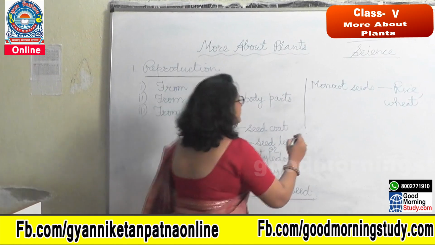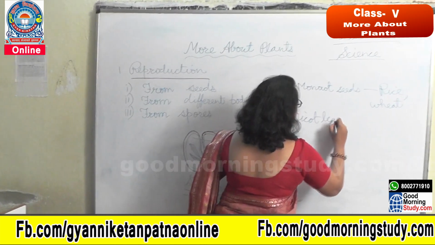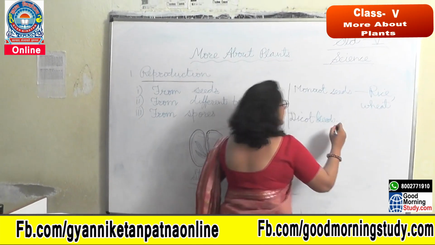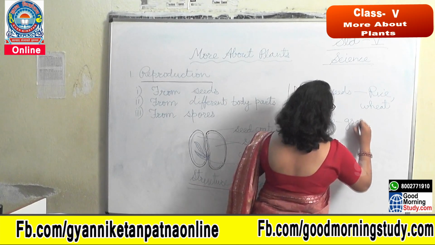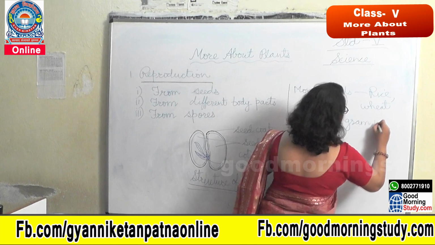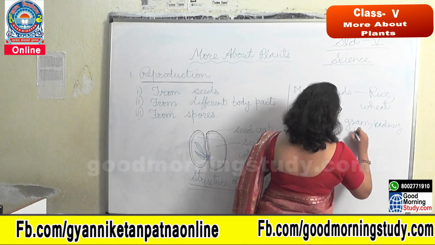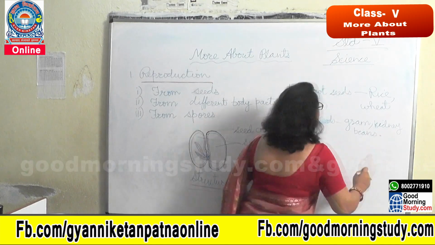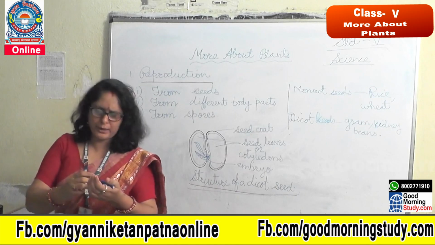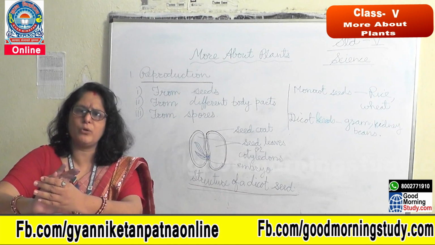But the second one is dicot seeds. Examples are gram, kidney beans, etc. It is a very common example you can easily see at your home.